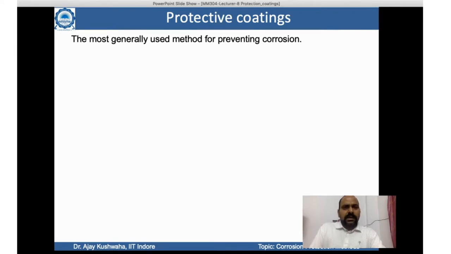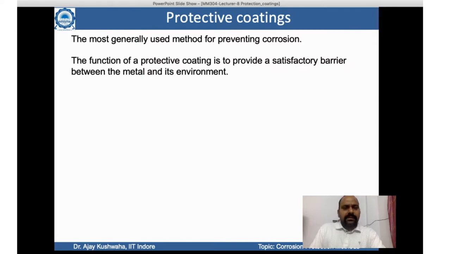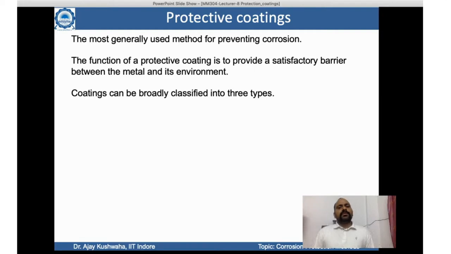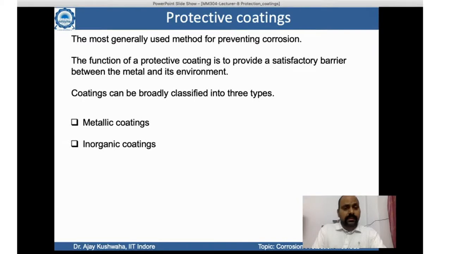Hence, we can say the function of a protective coating is to provide a satisfactory barrier between the metal and its environment. In general, coatings can be categorized into three types. We can use a metal as a coating, called metallic coating.